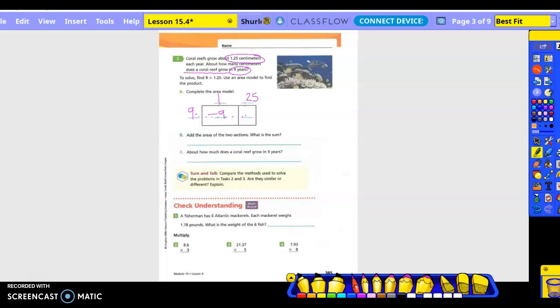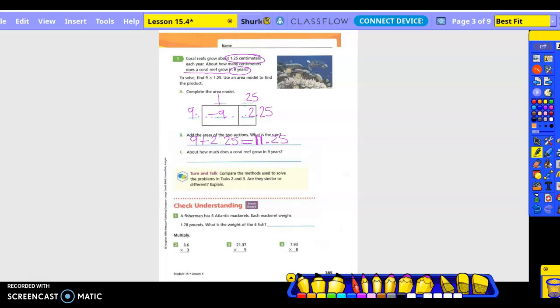What's 9 quarters? 225, and then we have how many decimals? 2. So 2 and 2,500. So add the areas of the two sections. So we would add 9 plus 2 and 2,500, which equals 11 and 2,500.